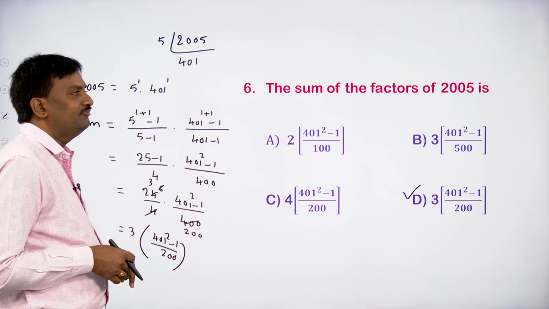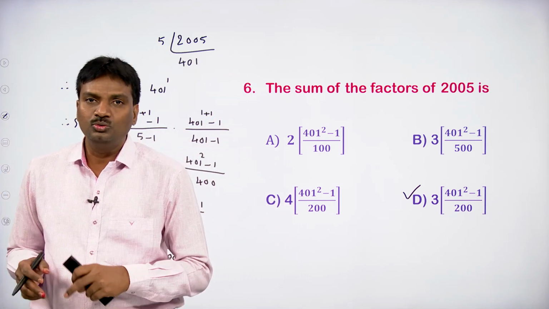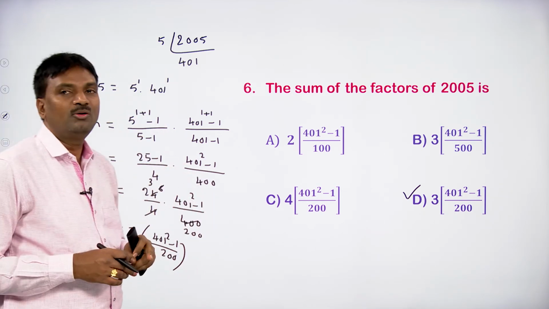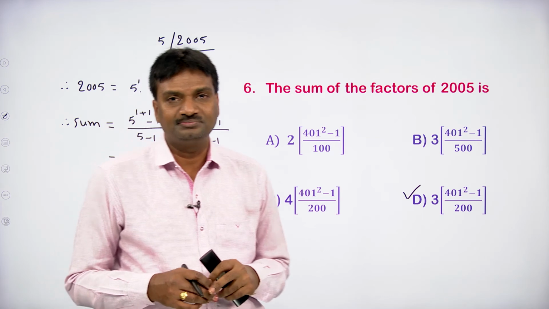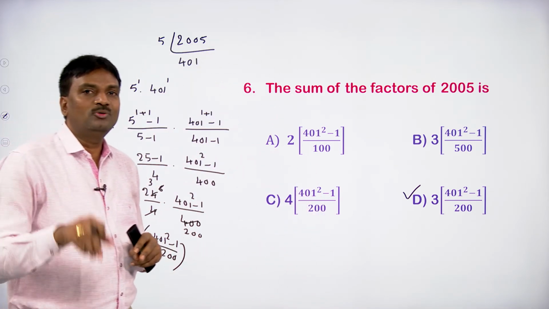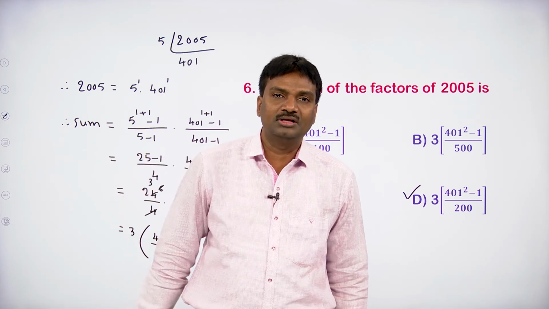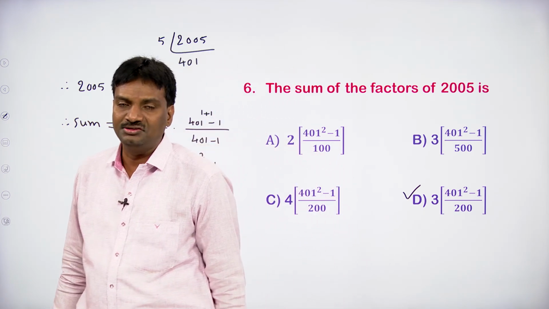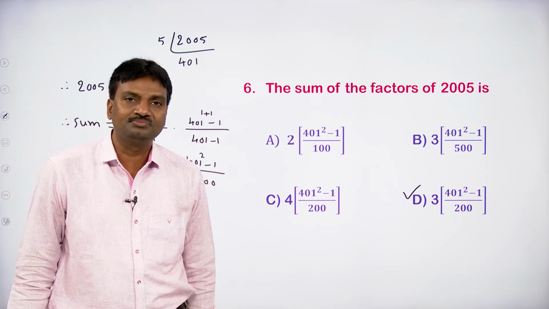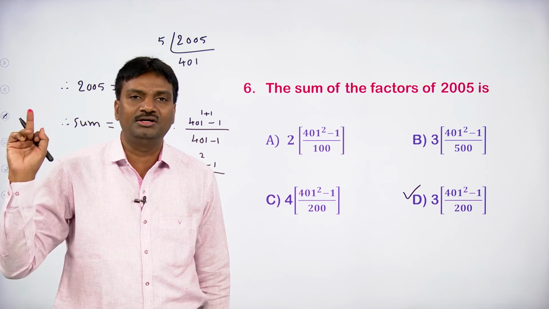The sum of the factors of 2005: here we can express the number 2005 as the product of prime factors like this, 5 power 1 into 401 power 1. If n equal to P1 power alpha 1 into P2 power alpha 2 into so on, then the sum of all divisors of n is P1 power alpha 1 plus 1 minus 1 by P1 minus 1 into P2 power alpha 2 plus 1 minus 1 by P2 minus 1 into so on.